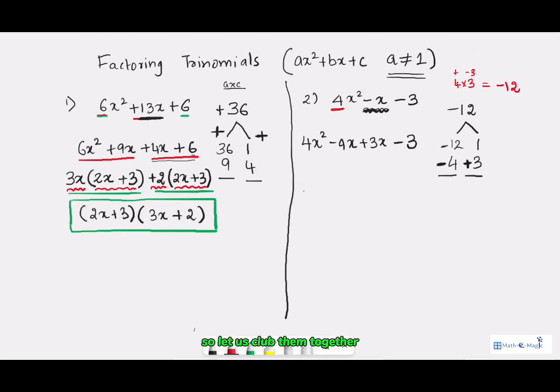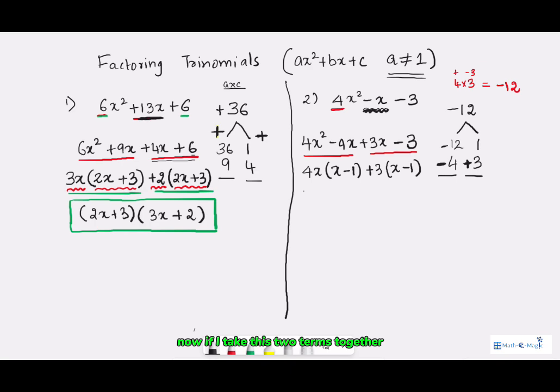So let us club them together, 4x square and 3x. Let us see what we can factor out here. So we see that I can factor out x. So what remains inside is 4x plus 3. And in this, from this term I can factor out negative 1. So it will be 4x plus 3.